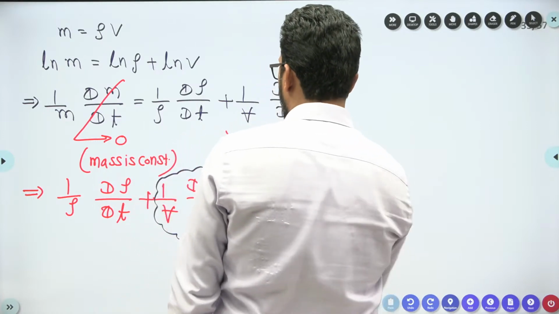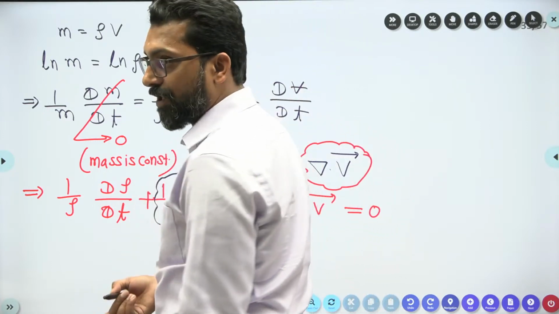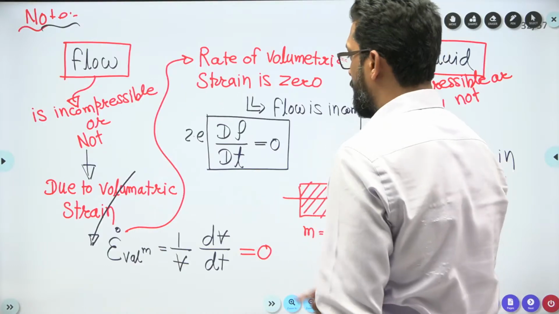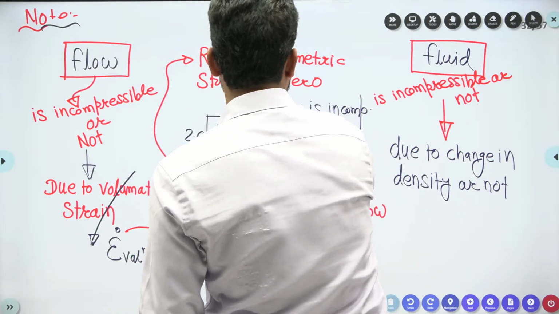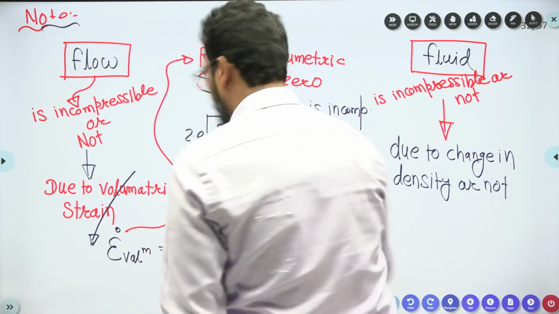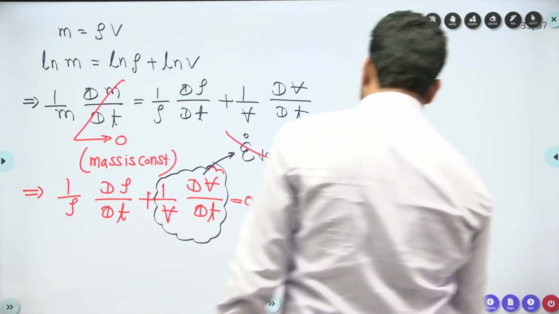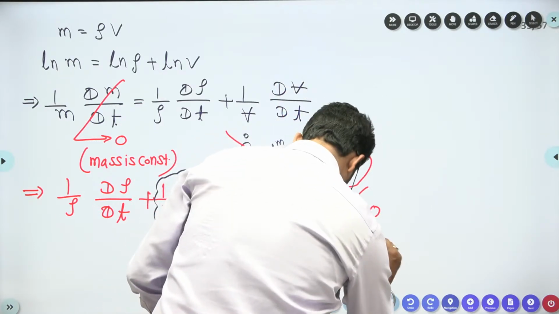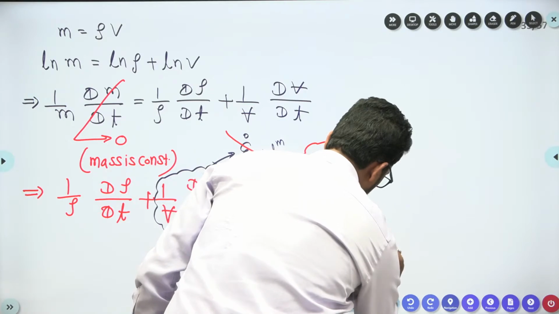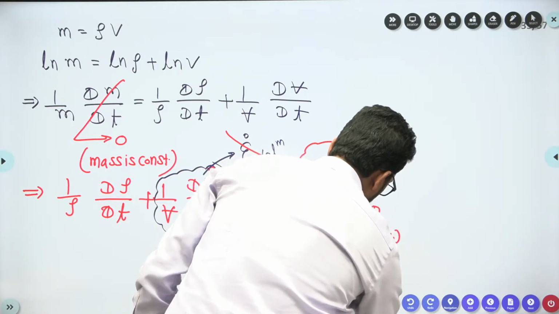Volumetric strain is 0. If the volumetric strain is 0, then the flow is incompressible.